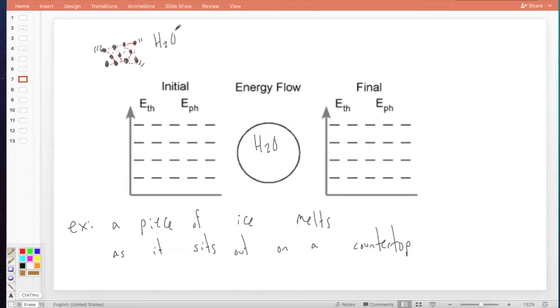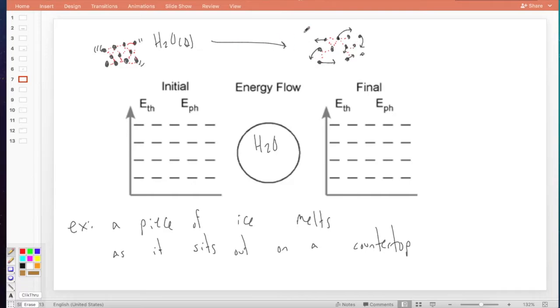This would be my solid water. And we are taking it and we are changing it into a liquid. So the particles are still held together, but now they're held together more loosely, and the particles are capable of moving around more. They are able to roll and flow and tumble over each other like a liquid.